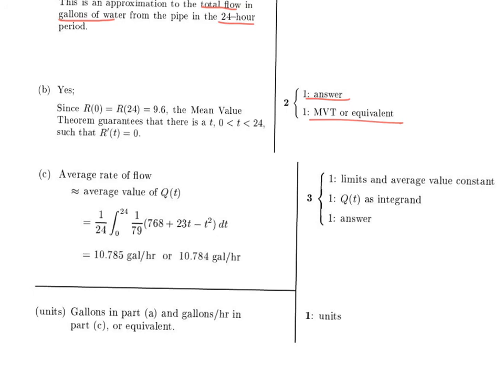So please be very precise. For the average flow, we need the limits and the average value constant. Okay, that's 1 point just for that stuff. Q of t is the integrand, so you're getting 2 points just for that setup. Only 1 point for your answer. And then finally, you get a point for gallons in part A, gallons per hour in part C.